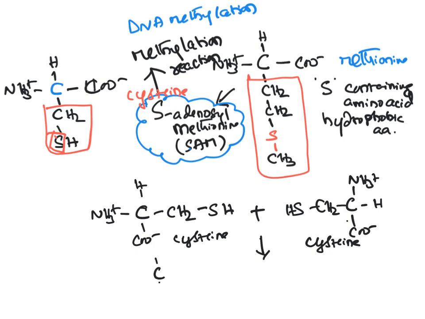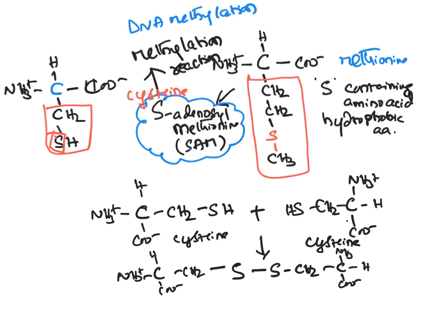These two cysteine molecules can interact with one another and make a disulfide bridge. So what happens is we have COO-, H, NH3+, CH2, S, and from this side another S, CH2, alpha carbon, NH3+, COO-, and H. Basically the two cysteine molecules are joined by a disulfide bridge, or disulfide linkage.